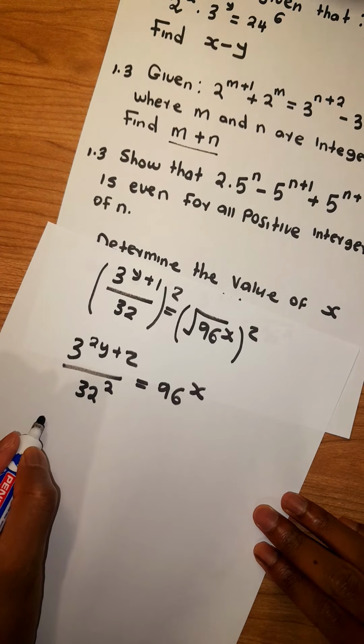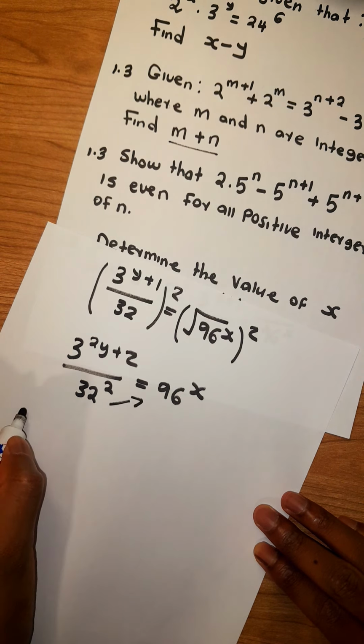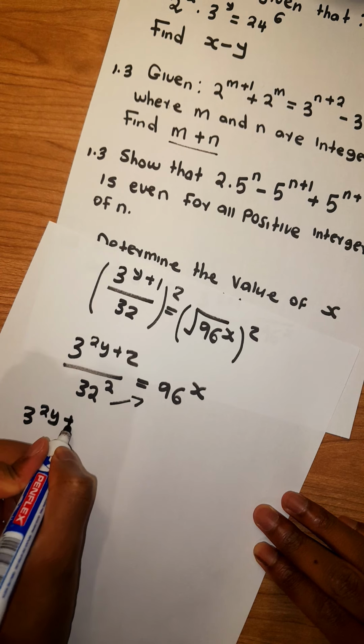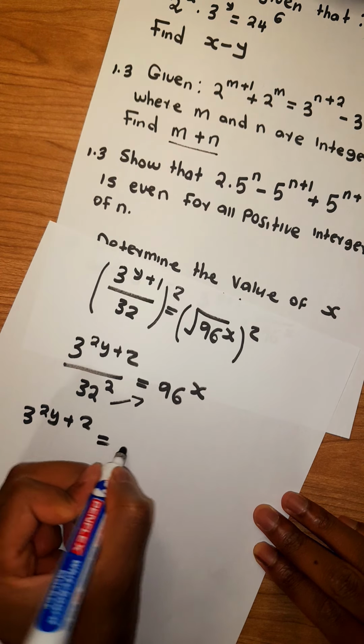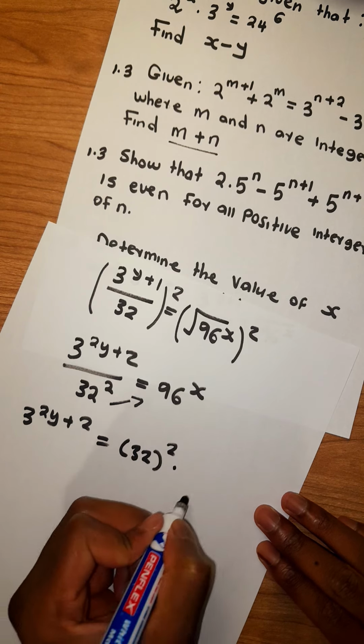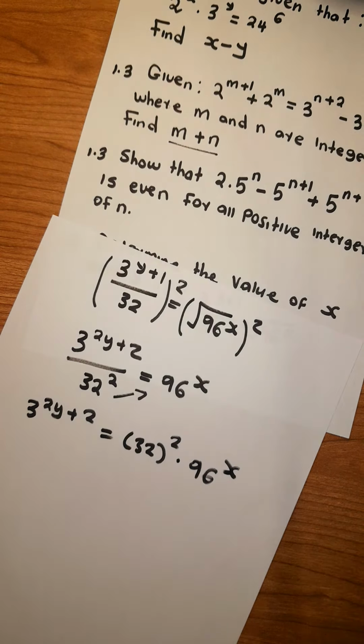So we're going to have, in fact, let's just cross multiply this. So we're going to have 3 to the power 2y plus 2. It is actually going to equal 32 squared times 96 to the power x. I don't love the way this pen is working, so I'm just going to change it.